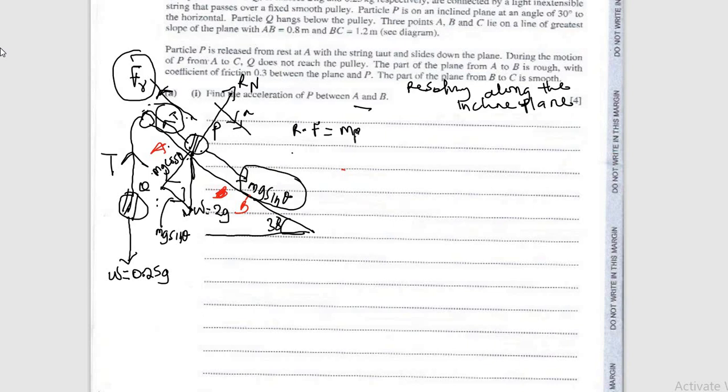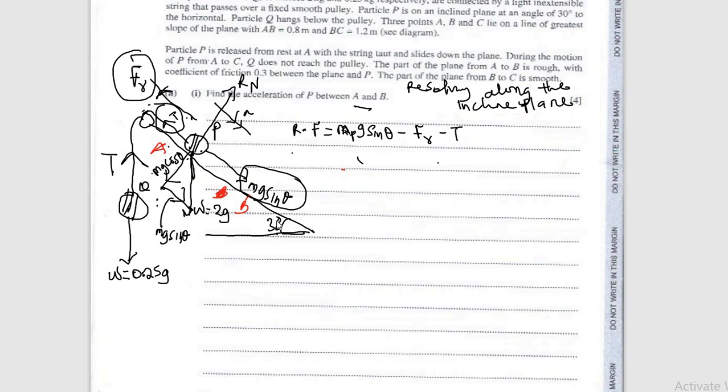The mass is for P, because P is the one along that plane. The resultant force will be mg sin theta minus frictional force minus tension.